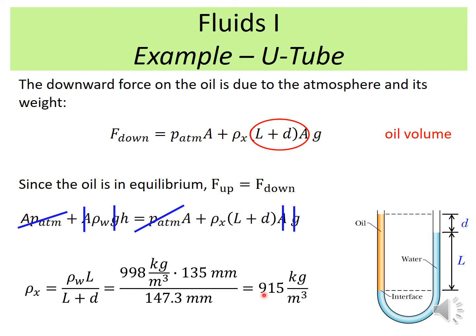And it turns out that I get 915 kilograms per cubic meter. This is the density here of the water, which carries the unit forward because these ones are canceling. And this is what I expect also in the units for the density of the oil. And you see the oil here has a little smaller density than the water, and therefore you have the situation where the water is pushing the oil a little bit up asymmetrically from this half position here.